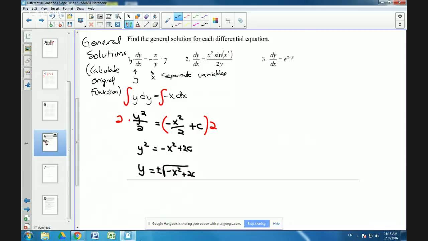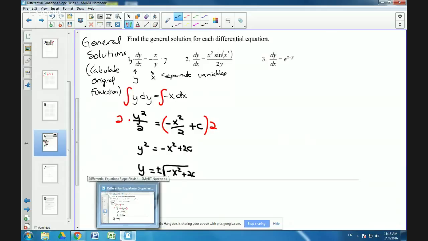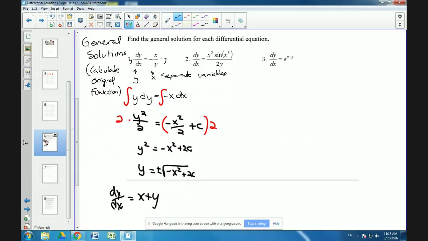The key there, though, is that the variables have to be separable. If I give you something like this, the variables are not separable in that question. So we can't do this. Why?